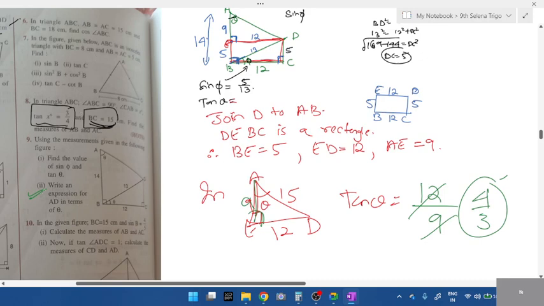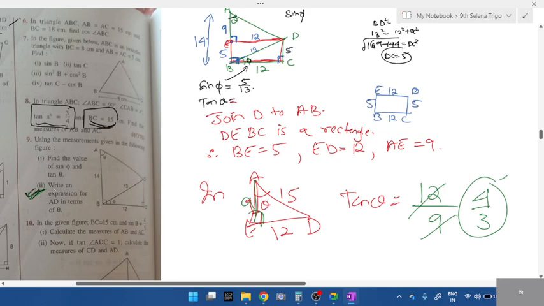And you'll just check. Ninth, main second: write an expression for AD in terms of theta. The second one, Shasha, what is ninth main second? Write an expression for AD. What is that AD? Tan theta.